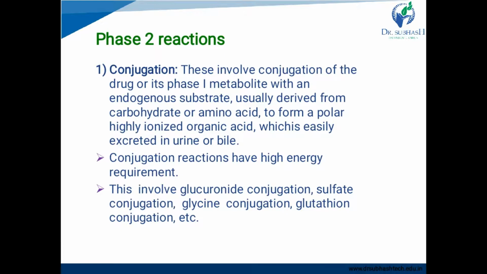So this type of drug is ready to be excreted from the body at the end of phase 2 reaction, which is a complex of endogenous substance and phase 1 metabolite of that drug. Conjugation reactions have high energy requirement and these involve glucuronide conjugation, sulfate conjugation, glycine conjugation and glutathione conjugation.